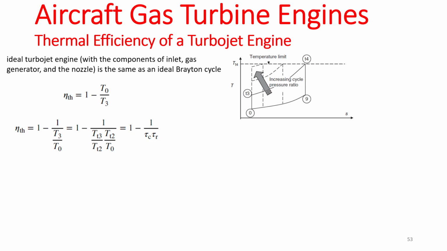And we have already seen the definitions. This is going to give you the compressor temperature ratio, and this is going to be your tau R, T2 over T naught, right?